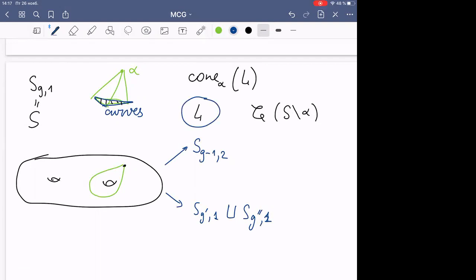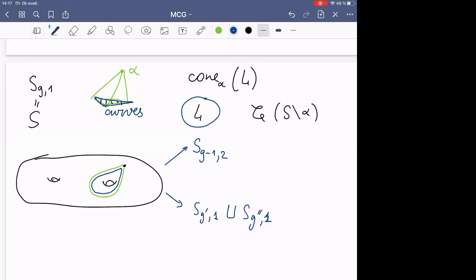The matter is that here we have such a curve which goes around our arc and which can be essential.